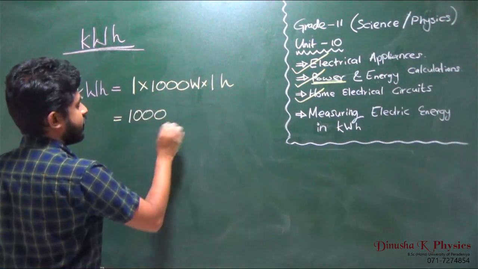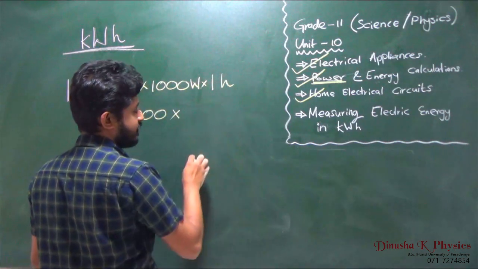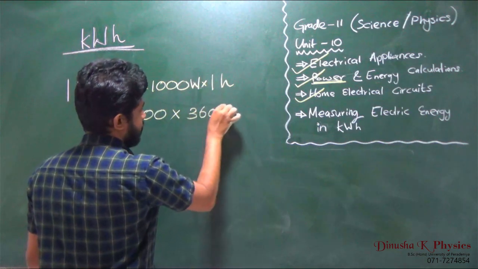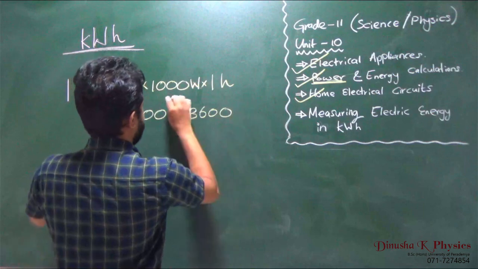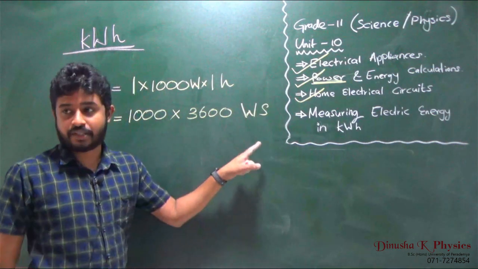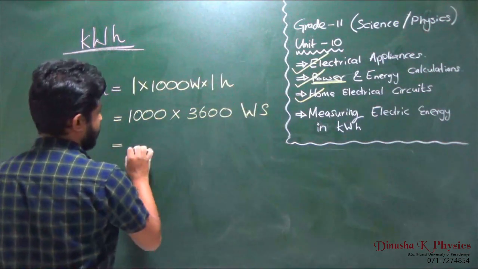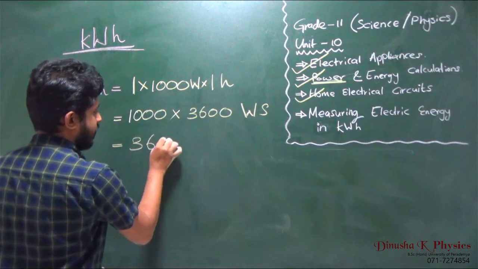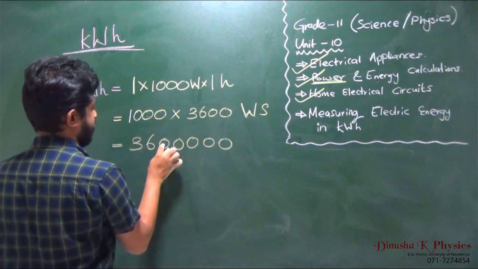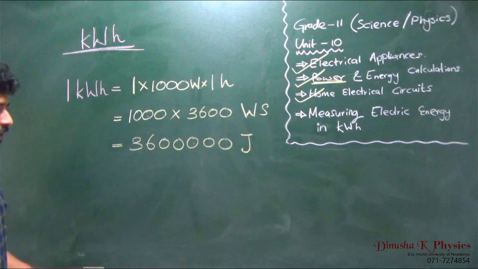So let's convert hours to seconds. To convert hours to seconds, we multiply by 60 into 60, which gives 3600. Then we have a unit known as watt seconds, and watt seconds is joules. So this will be equal to 3,600,000 joules.